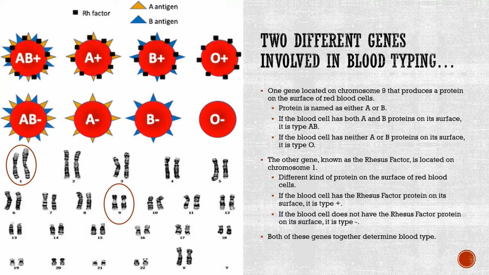If it does not have this protein, it is known as negative. So, two different genes are involved in blood typing. One gene gives you the lettering such as A, B, or O, and the other gene determines if your blood is positive or negative, if it has that rhesus factor protein.